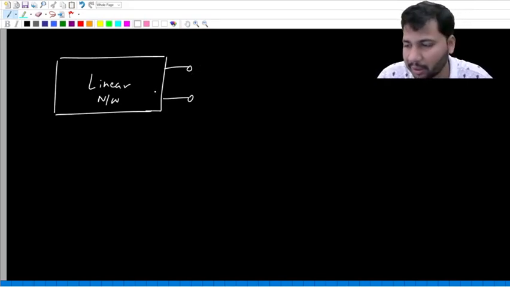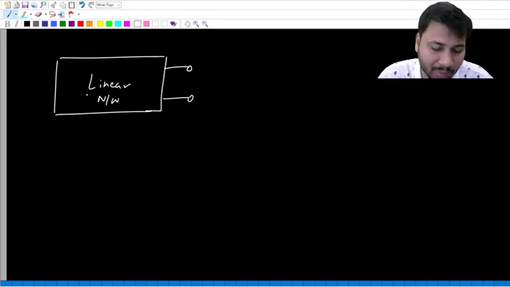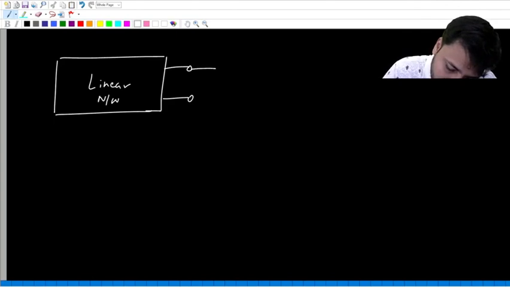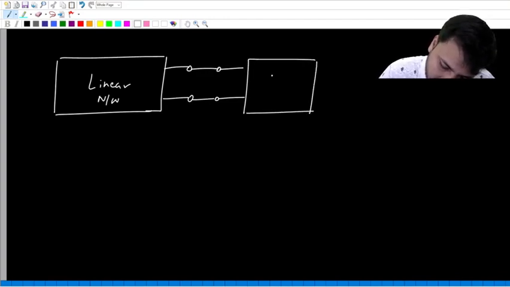But for Thevenin's theorem to be applicable, this box has to be linear. Outside the box you can have linear or non-linear elements or networks. In fact, outside this box, let's say we have another network itself.